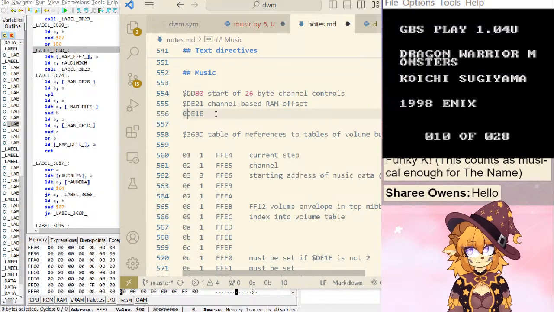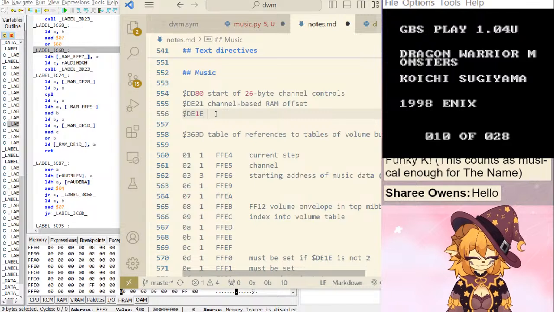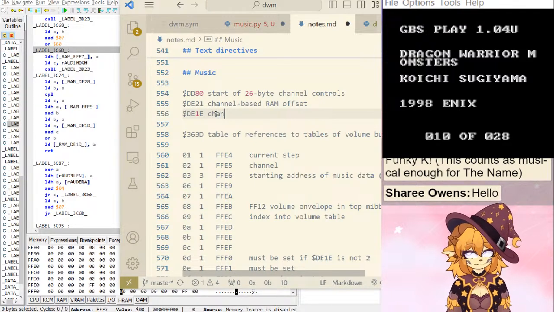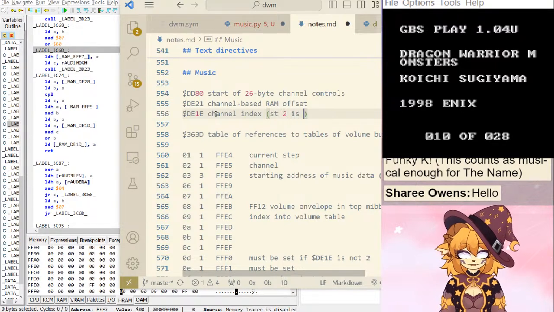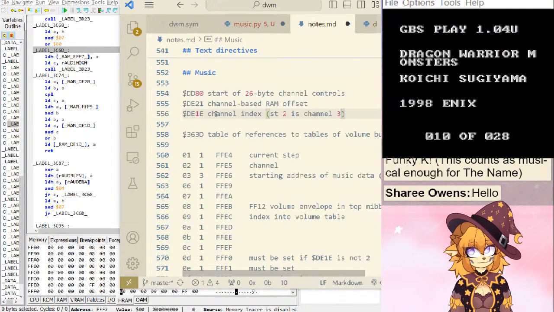DE1E. Ah! Index such that 2 is channel 3.